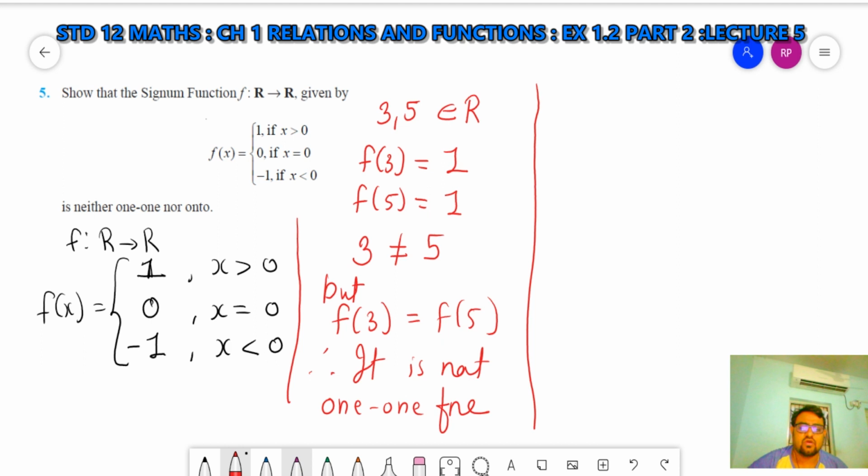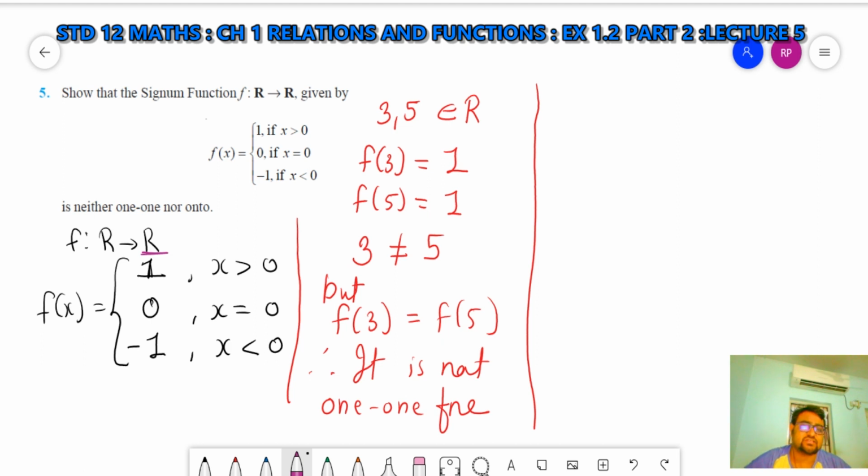Here, this was about one-one. Now, let's see about onto. See, what is the codomain? The codomain is R, which means it includes all integers, positive, negative, zero, also decimal values, every number. But here we have only three values.